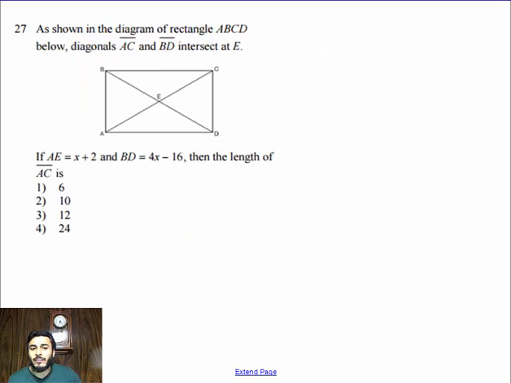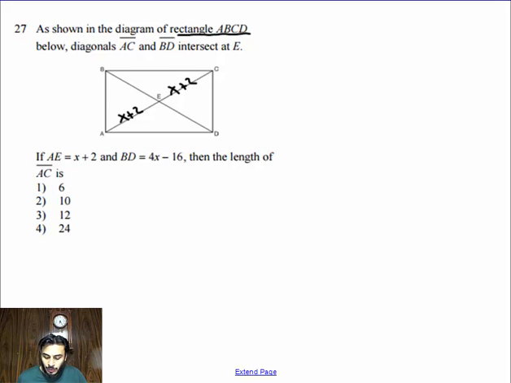All right, number 27 says if AE equals x plus 2 and BD equals 4x minus 16, then the length of AC is. Now, I didn't read the whole thing, but we were told that this is a rectangle. So if AE is x plus 2, automatically EC is x plus 2.